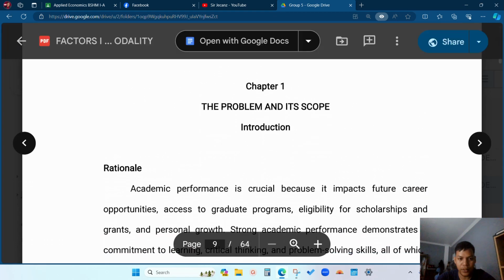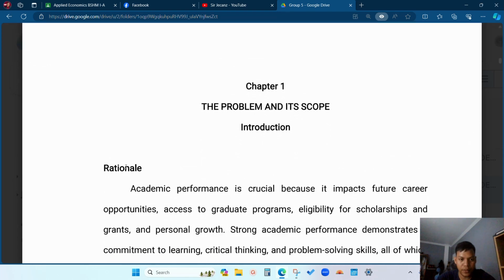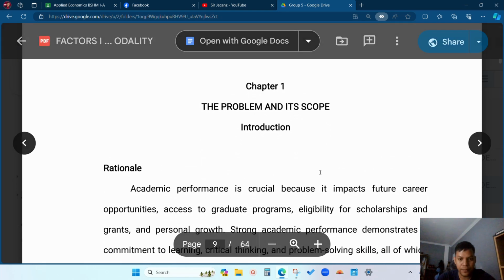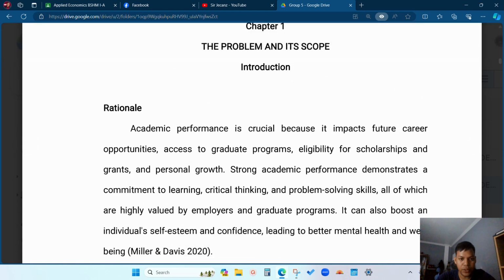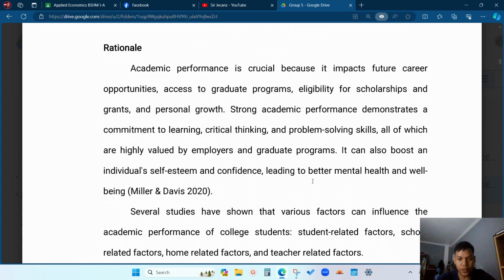So again, this is a rationale. I believe that you are already done with your rationale, or in other terms, the introduction. Just a recap: in your rationale, you have mentioned the gap of your study, the previous issues or problems from international, national, and local, and to the specific situation of that particular research environment.